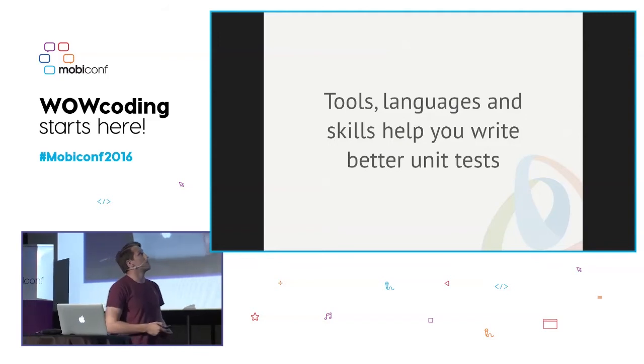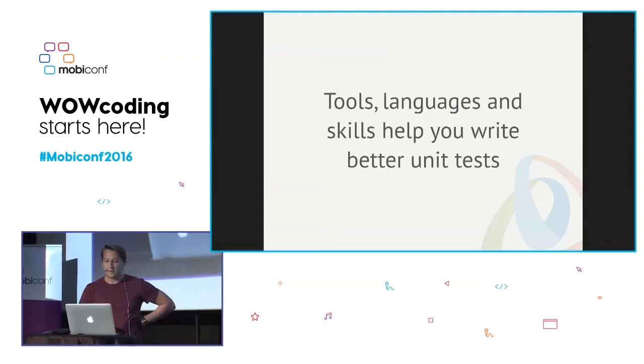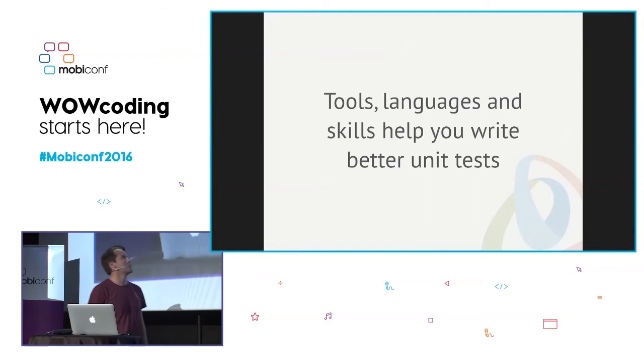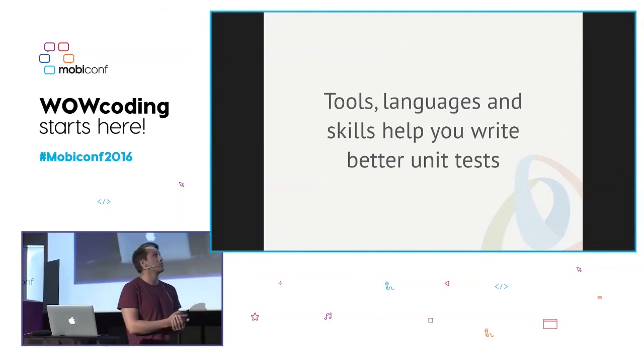Okay, so the next one. Tools, languages, and skills help you write better unit tests. What do you think about that? Raise your hands, all of you. Hopefully, yes. Tools: we have a lot of tools, and a lot of languages right now.